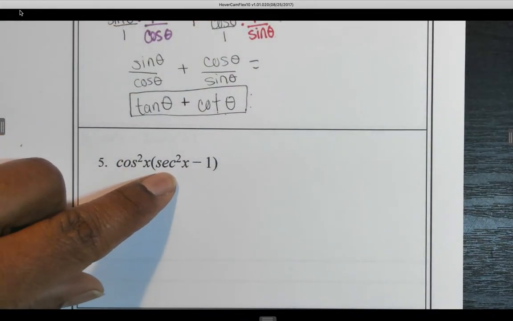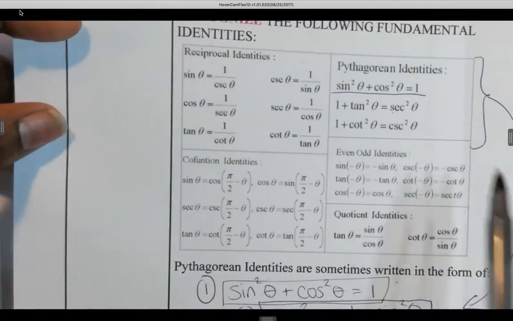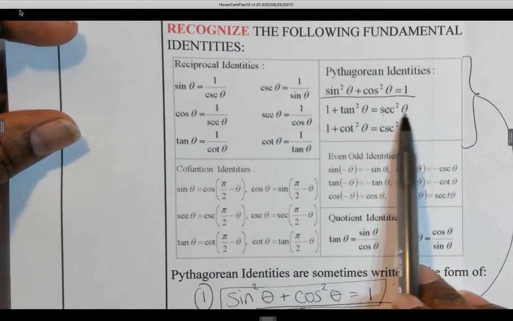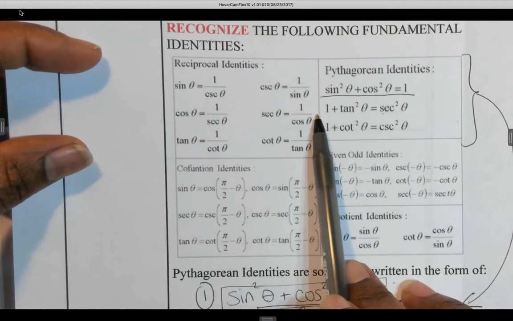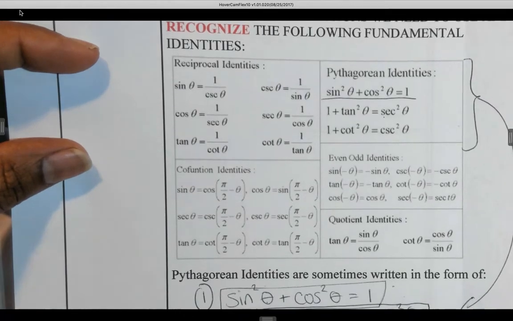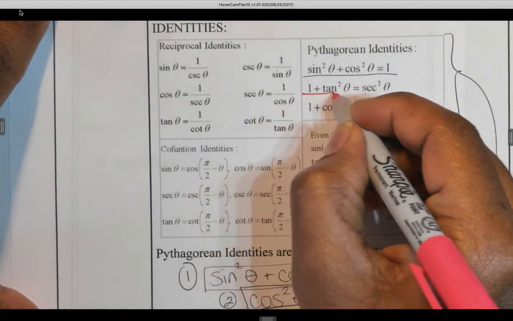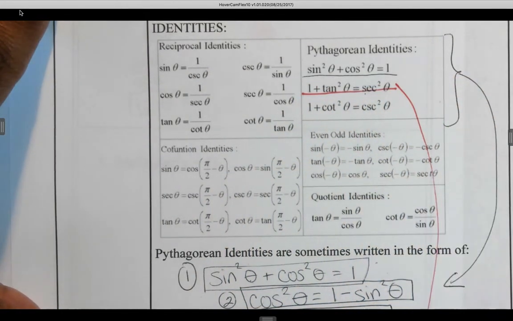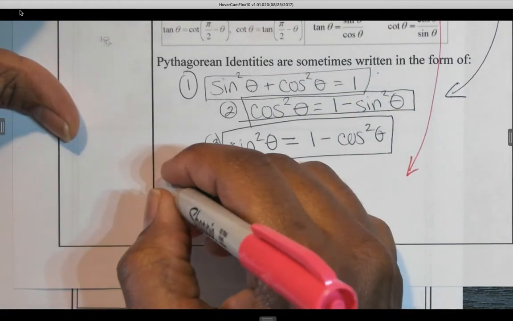But if I look at secant squared minus 1, then I come here and say, okay, I have something with secant squared. It's not minus 1 right now, but is there any way I could rewrite this so that it says secant squared minus 1? So let's take this one and look at it. I'm just going to rewrite it here.